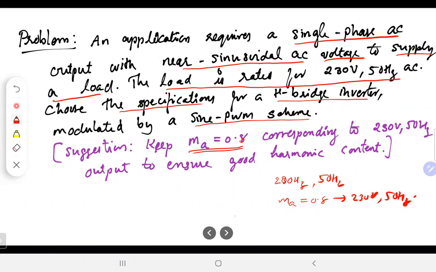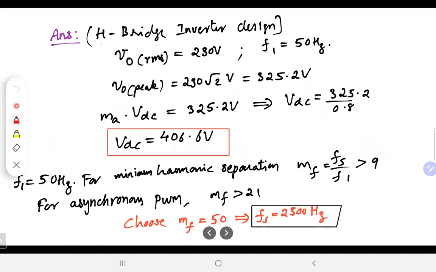So this is the design suggestion given here. Now I'll show you the calculation quickly. If we choose the H bridge, the design specification is that the output voltage RMS should be 230 volt, near sinusoid, near sine, F1 is 50 hertz.